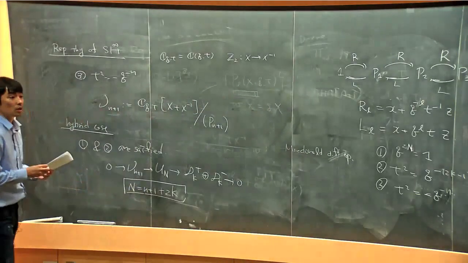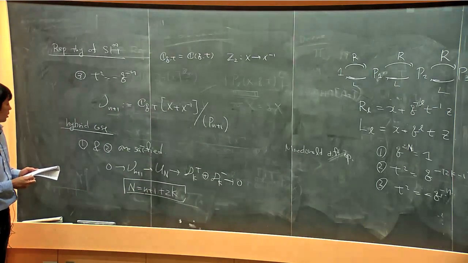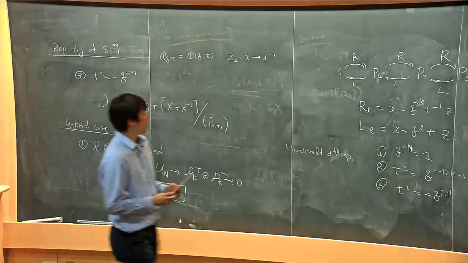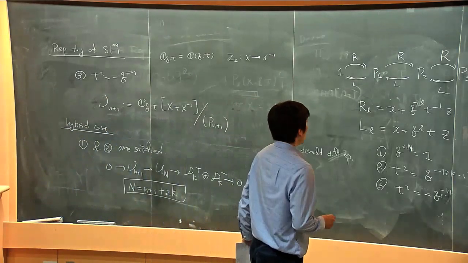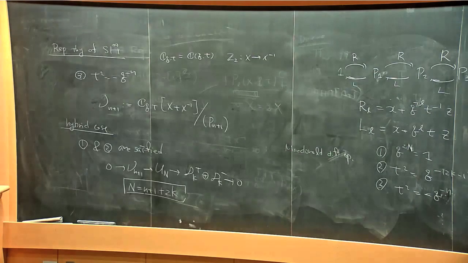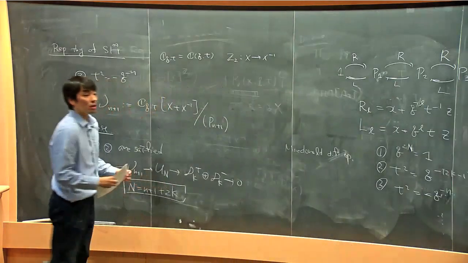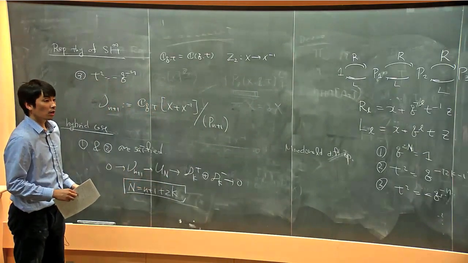Should you fix delta in this case? You have this parameter delta in the case 1, yeah? This one doesn't show up in this case. So I just use this Un. So is this exact sequence true for all deltas or only for delta equal 2?